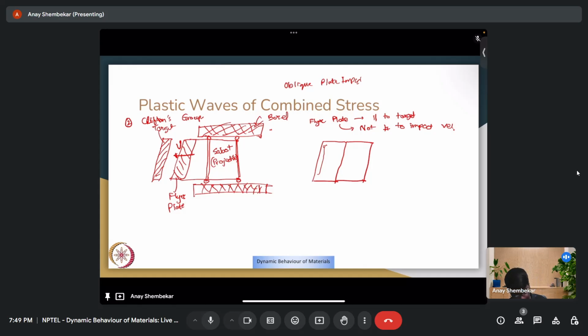So here you'll have at least three different wavefronts. You can have a shear wave, which is elastic, with particle velocity like this. You can also have a plastic shear wave, a plastic longitudinal wave, and an elastic longitudinal wave.